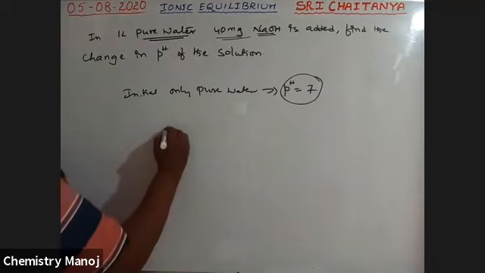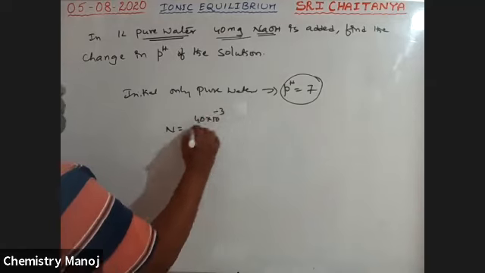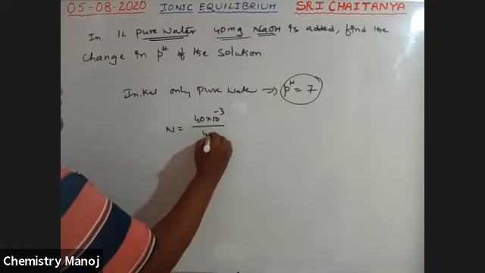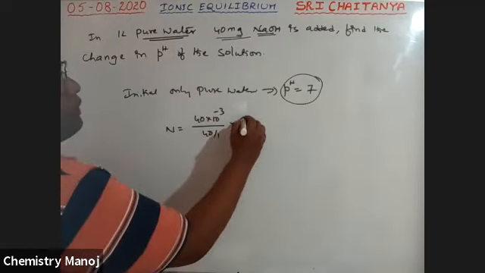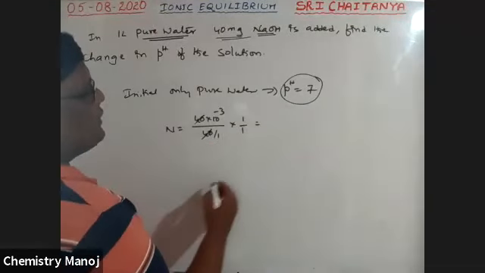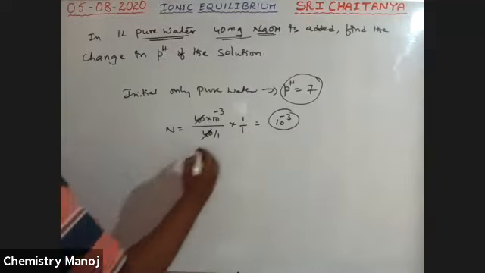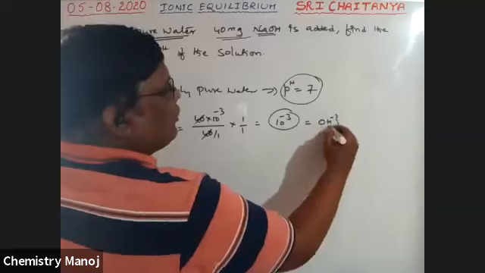That means normality of that solution is equal to weight in grams per liter by equivalent weight of NaOH, which is 40 by 1 into 1 liter, so 40 gets cancelled. So 10 power minus 3 is the normality, which is equal to OH minus ion concentration.